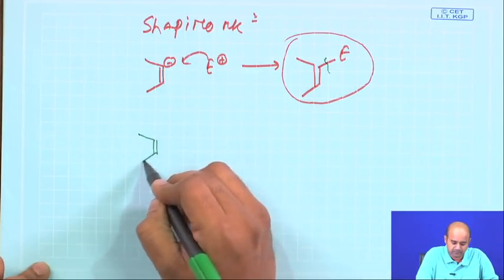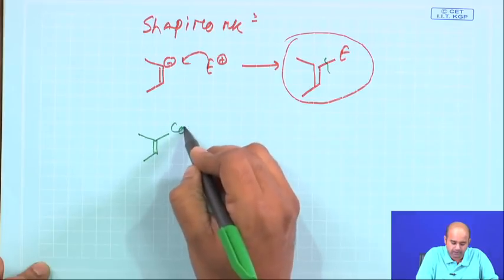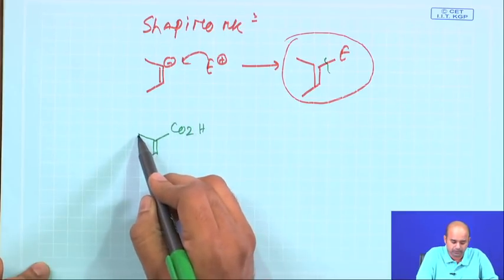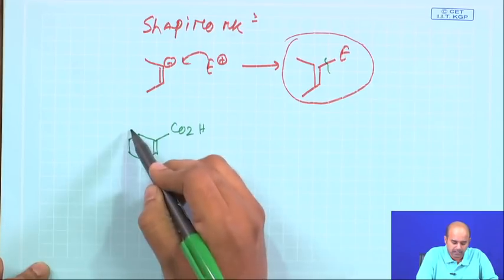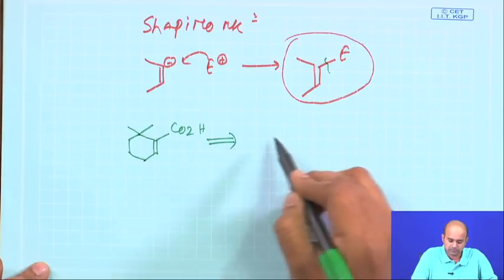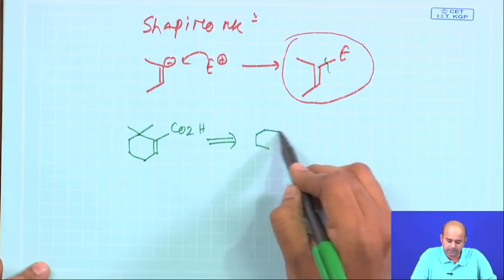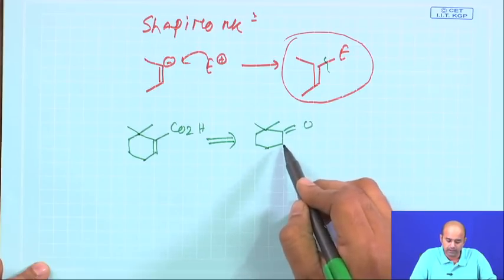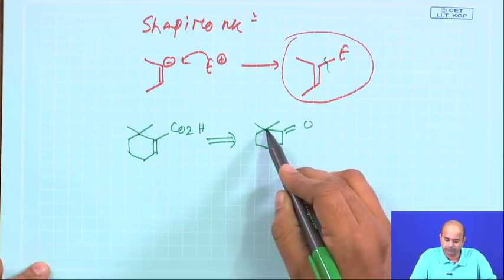Let us take a similar kind of problem. I said I want to make these compounds. So, you do a Shapiro reaction by taking the same starting material, the cyclohexanone based compound, where alpha hydrogens are absent on one side.